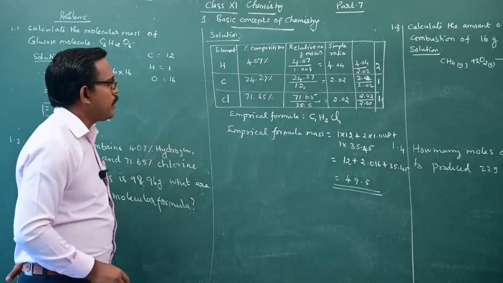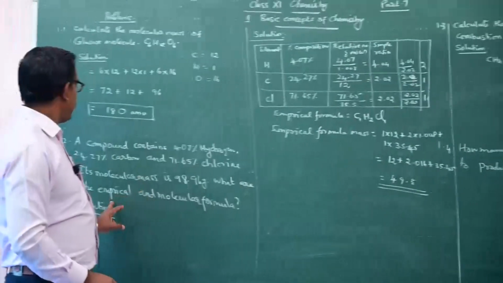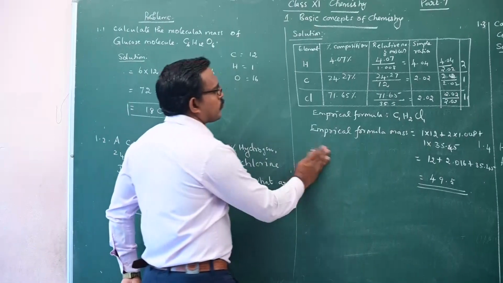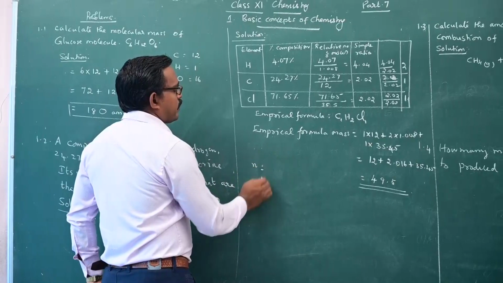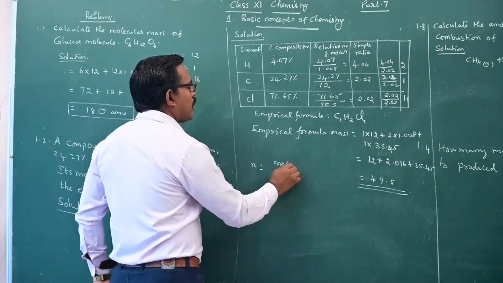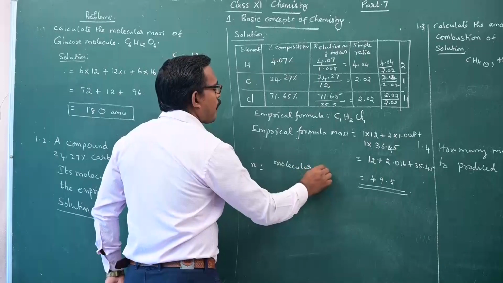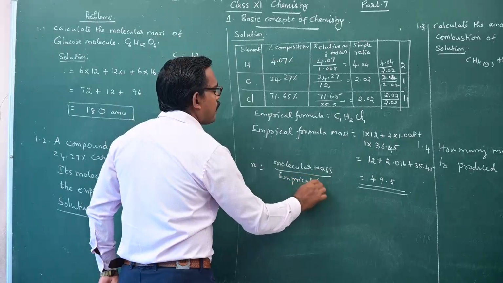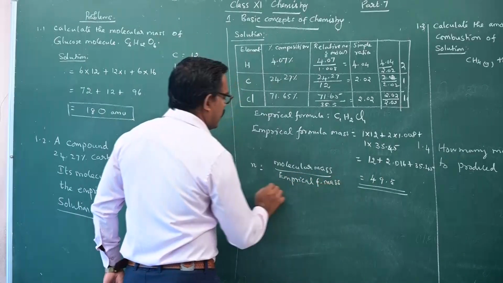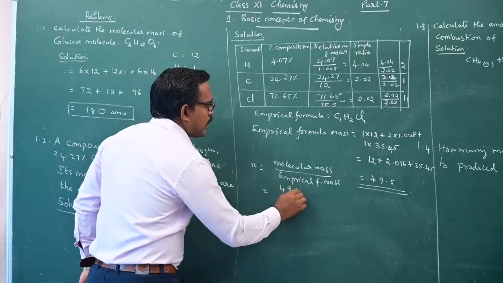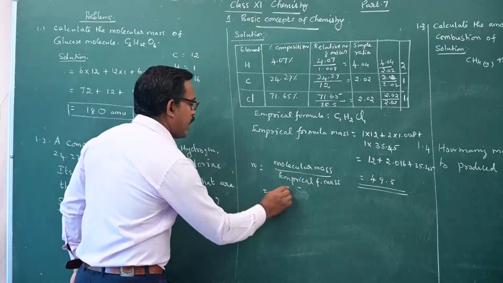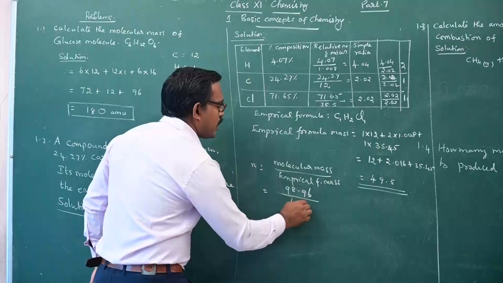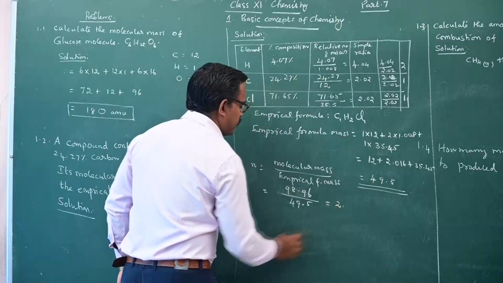From the empirical formula mass, 49.5, and the given molecular mass, 98.96, we can find the value of n. n is equal to molecular mass divided by empirical formula mass, that is 98.96 divided by 49.5, which is equal to 2.